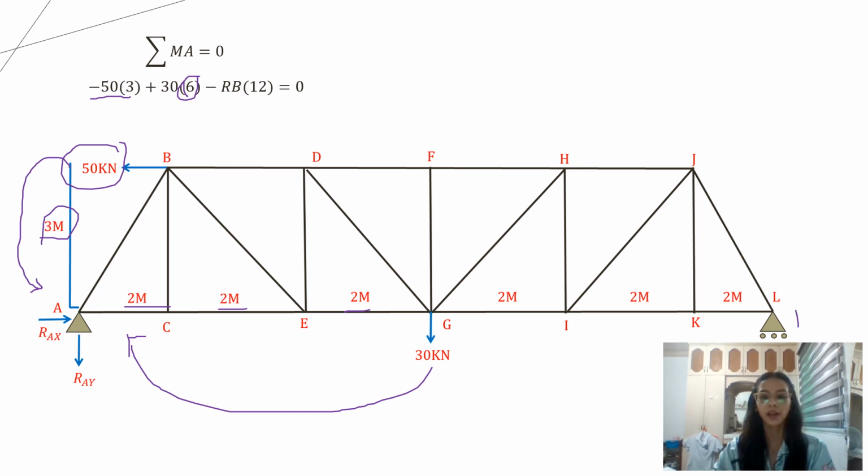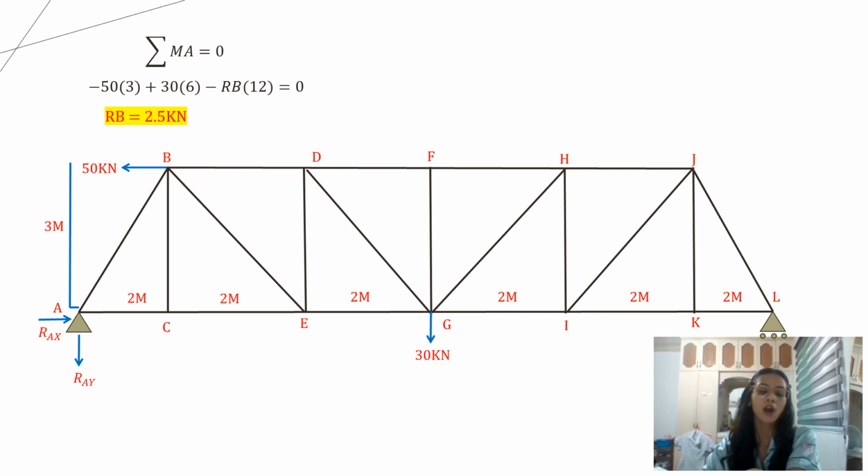This is our RB. So the distance is 2 plus 2 plus 2 plus 2 plus 2 plus 2, which is 12. So the answer is our RB equals 2.5 kilonewton.